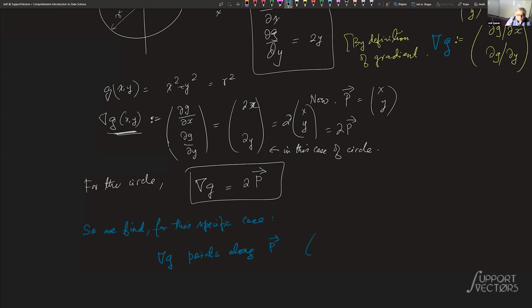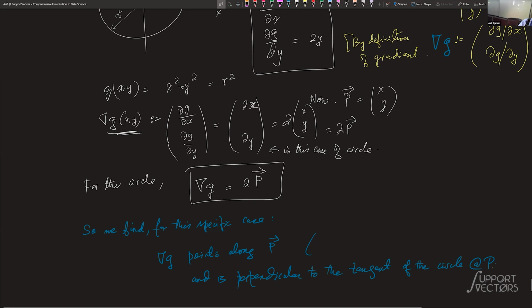But more crucial than that, it is perpendicular to the tangent of the circle at P. Would you agree with this statement?